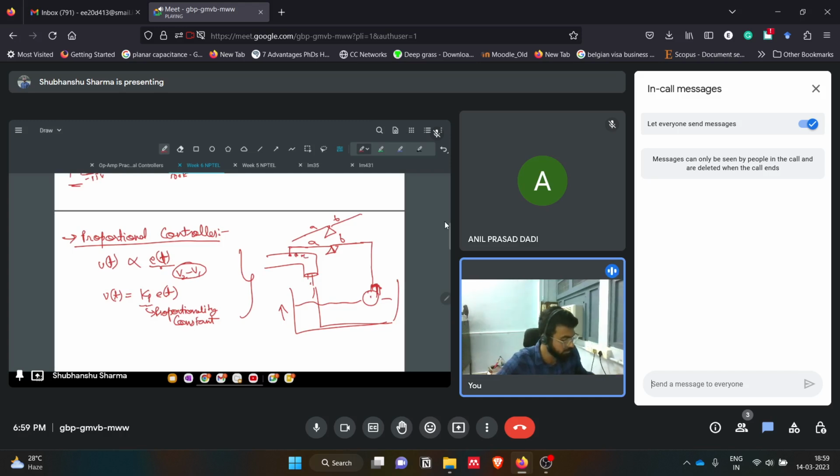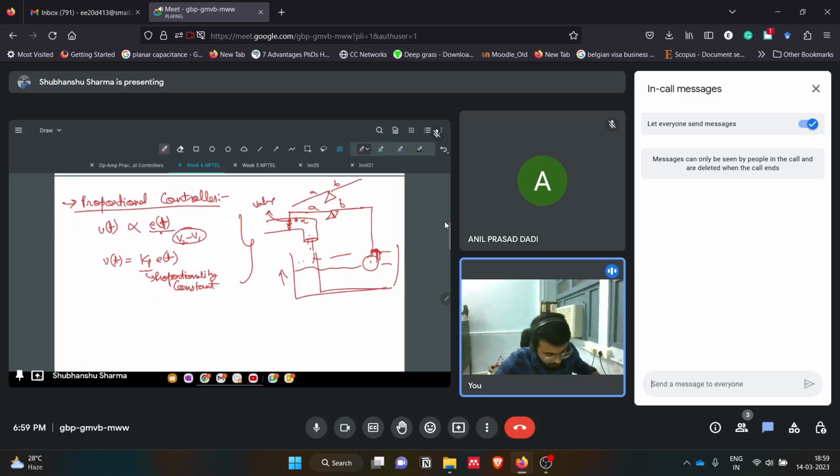We can say this is the position of the valve. As the water level increases, the valve will come down, and slowly after some point, once this is completely filled, it will close this tap.